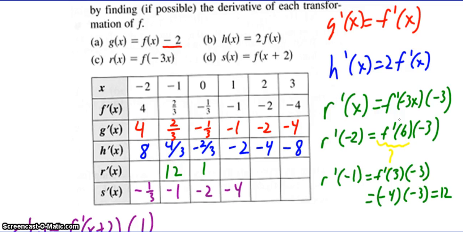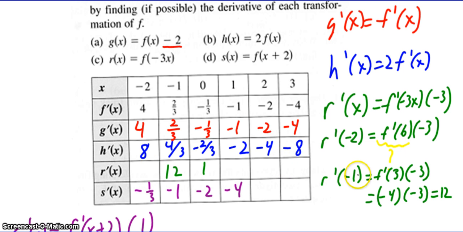So it's not that they don't exist necessarily, we just don't know what they are. So for instance, if I wanted to find r prime of negative 2, I'd substitute in a negative 2 right here, which makes this 6. So it becomes f prime of 6 times negative 3. But I don't know what f prime of 6 is because 6 is outside of the domain of this table. So I can't solve that.